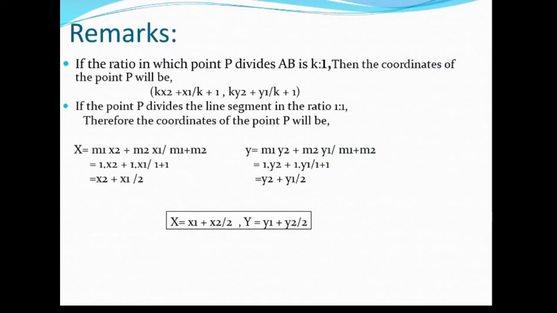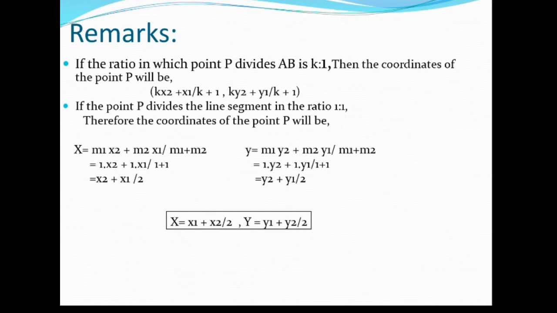So, if the ratio in which point P divides AB is k is to 1, then the coordinates of the point will be (k x2 plus x1) divided by (k plus 1), and for the y coordinate it will be (k y2 plus y1) divided by (k plus 1).